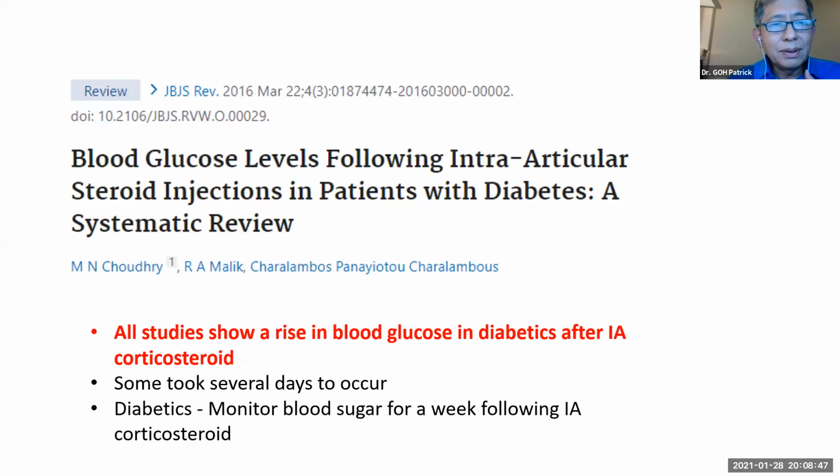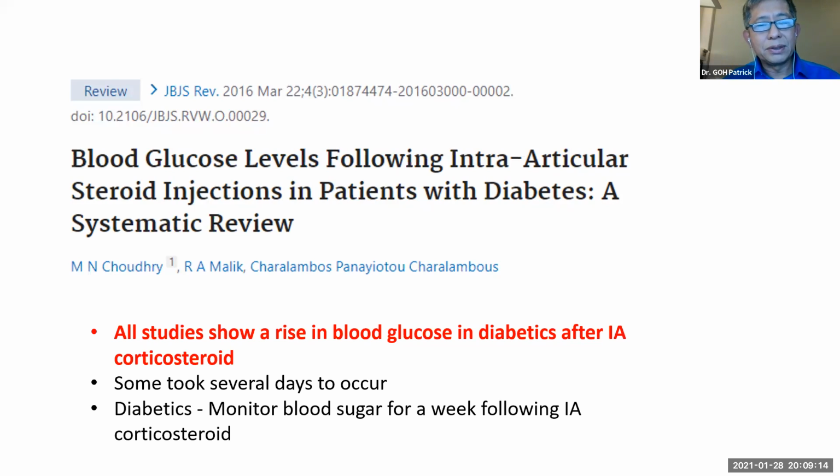Now, the hyperglycemia is a real problem. It's been found in this review that all the studies in the review actually showed a rise in blood glucose in diabetics following intra-articular corticosteroid. Some took several days, and therefore the recommendation is, if you have to do a corticosteroid injection in a diabetic, that you should have the blood sugar monitored more carefully for a week following the IA corticosteroid.